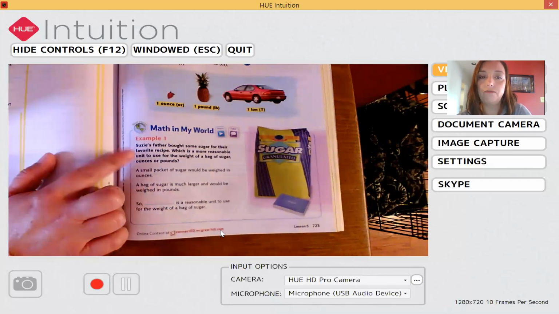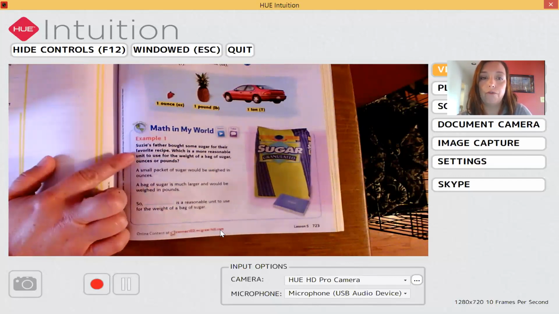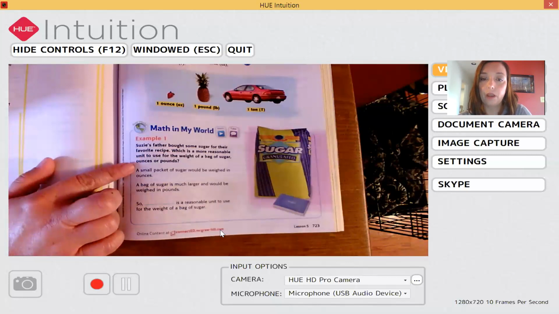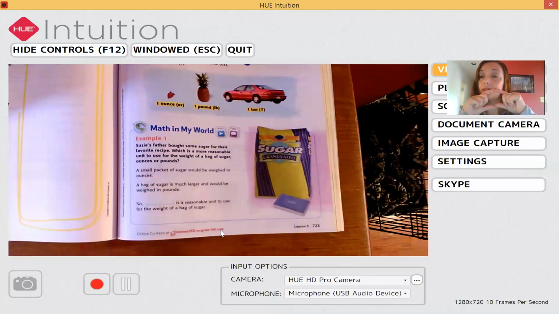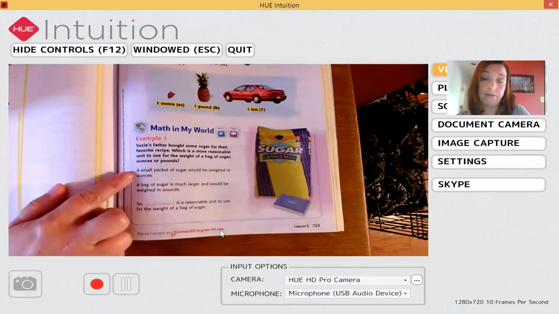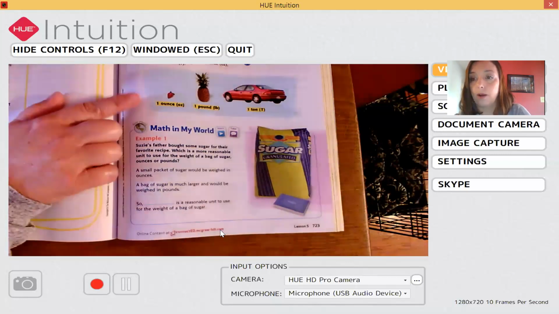It says Susie's father bought some sugar for their favorite recipe. Which is a more reasonable unit to use for the weight of a bag of sugar, ounces or pounds? If you were to get one of those small packets of sugar, like the ones that people put in coffee, then you might weigh that small packet in ounces because it would be less than the weight of a strawberry, right?